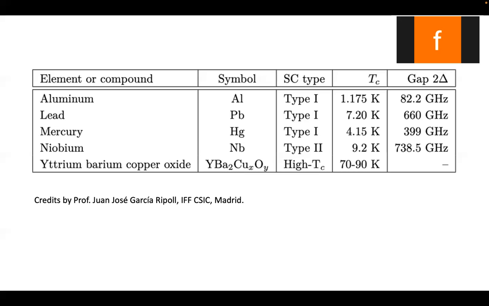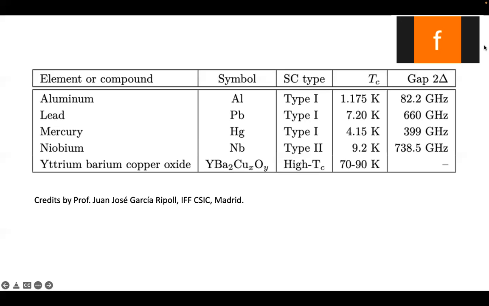You'll see later that for using superconducting circuits, typically what people use is aluminum and niobium. The reason for that is that those two materials are very amenable for drawing nice circuits.